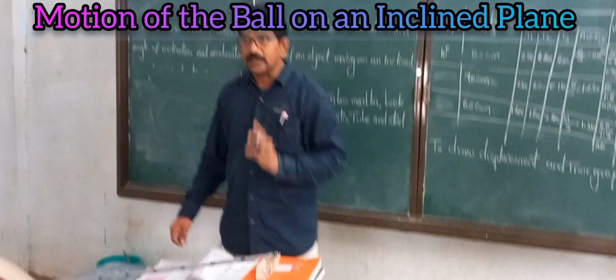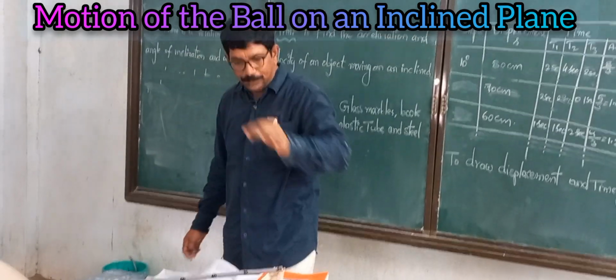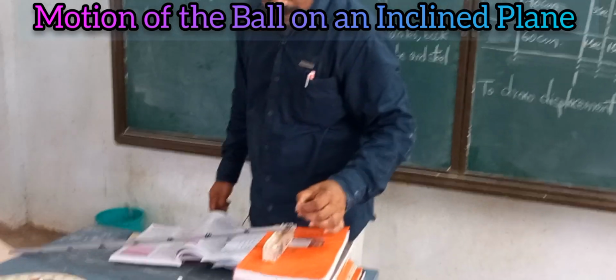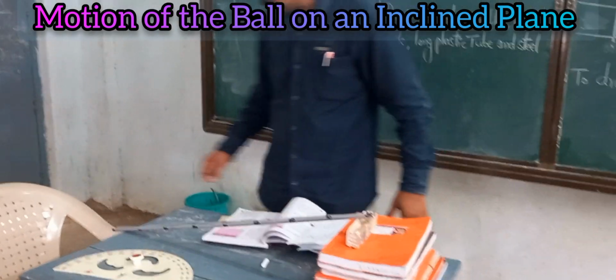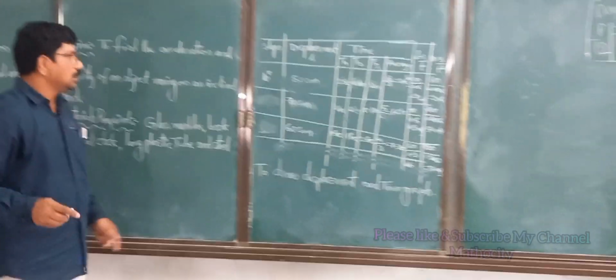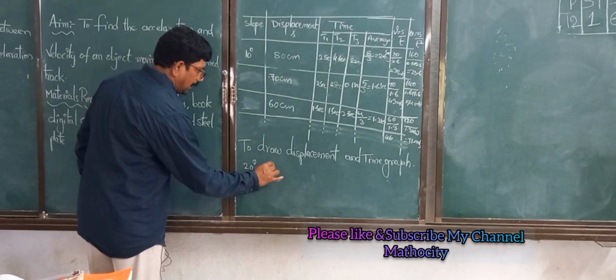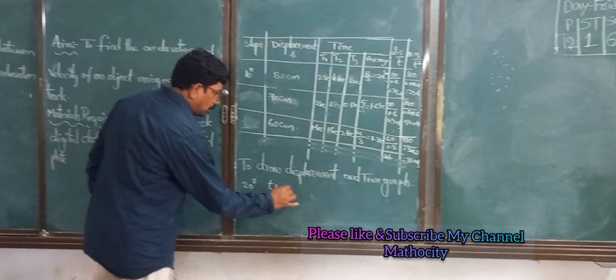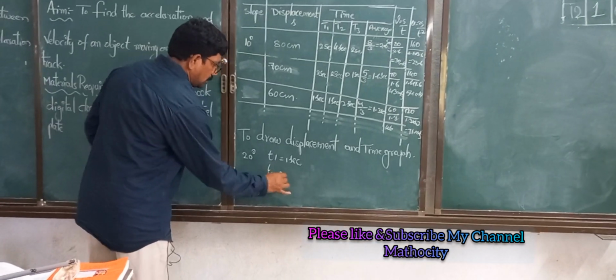So what is the angle of inclination? 20 degrees. Now I am rolling the marble from 80 centimeters. How much? 1 second. Here for 20 degrees, I am writing time taken T1 is equal to 1 second and T2 is for the second attempt.